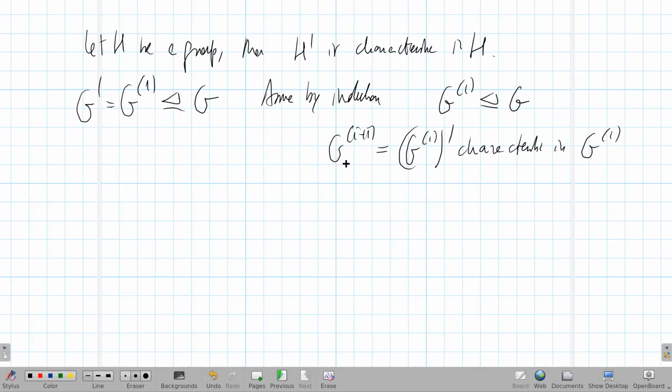So this is a characteristic subgroup of a normal subgroup, and this implies that G_{i+1} is normal in G. It's not enough to say normal here. You need characteristic plus normal to get normal. So normality is not a transitive relation in general, but if you put characteristic first, then you get this.